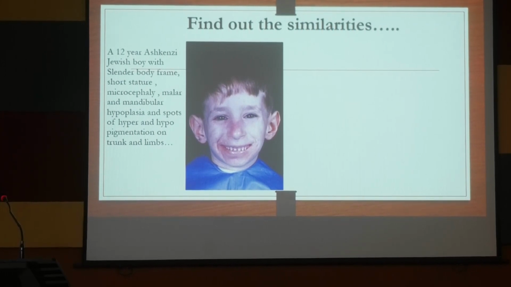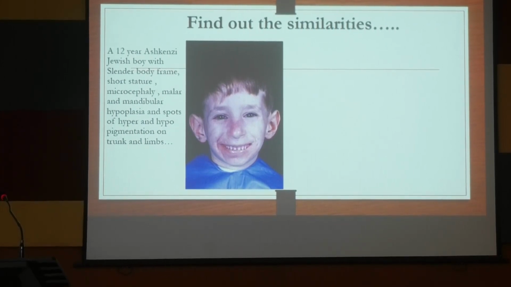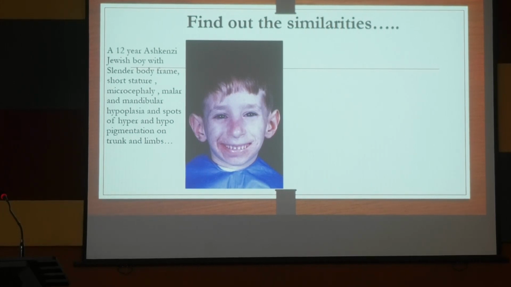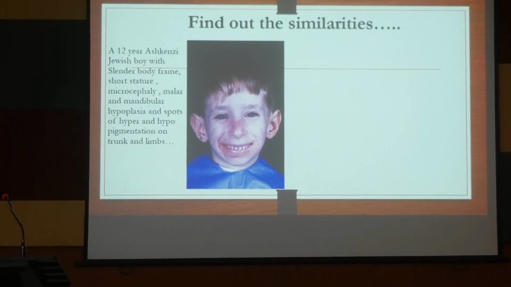Why am I saying this? Because some important chemical syndromes and some groups of diseases are usually seen in these Jews and some tribes of this locality. What we are seeing, they have a very slender frame.